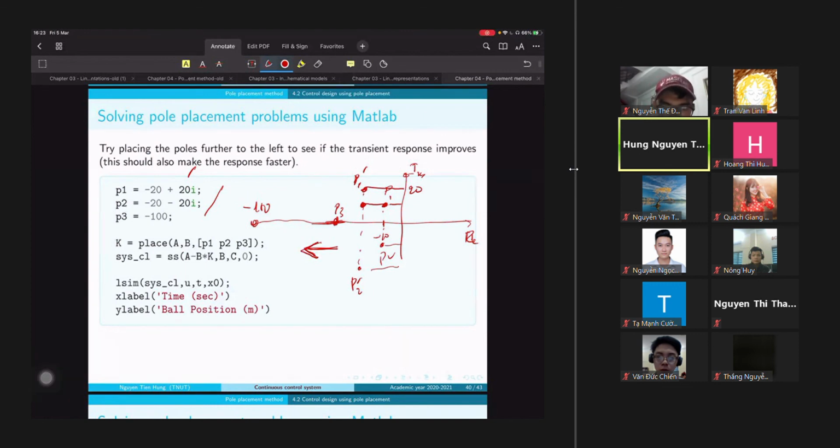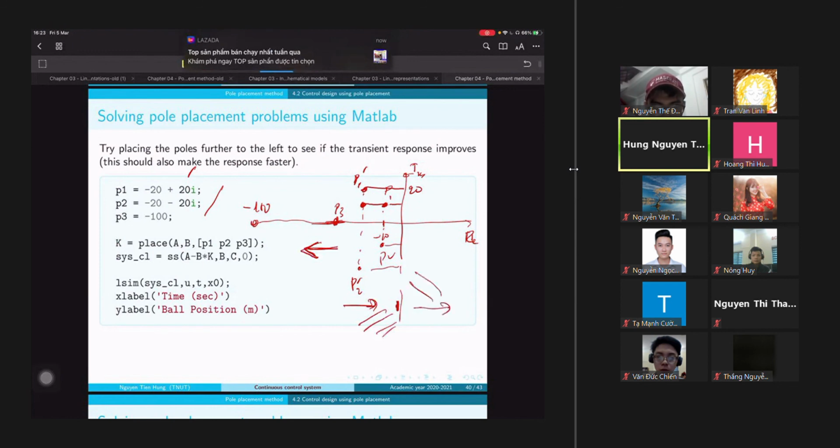When we move it to the right hand side, until very close to the imaginary axis, the response, the output, will be faster, but it will introduce some oscillation, and the system moves more toward the unstable region. This is the stable region and this is the unstable region here.